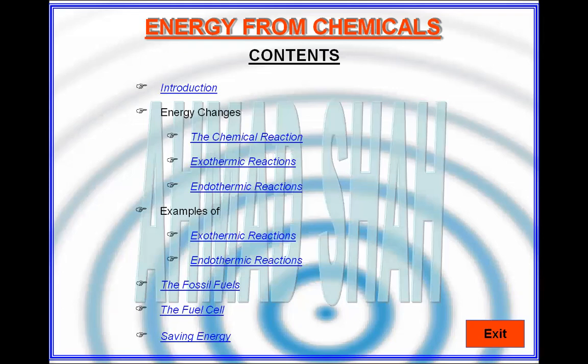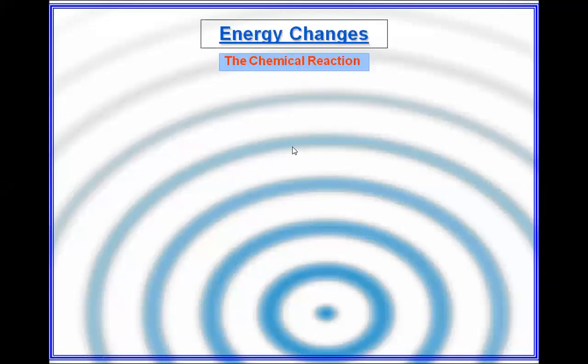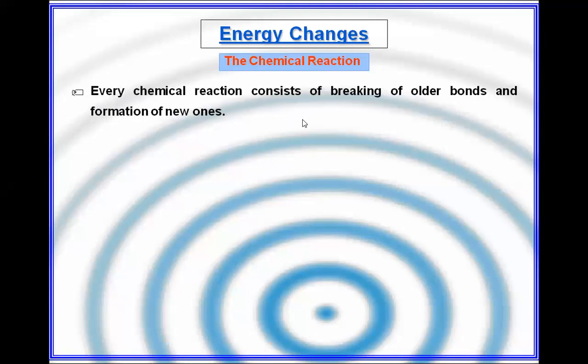Now, how does a chemical reaction become exothermic or endothermic? Bring your calculator to calculate something. A chemical reaction, for example, consists of breaking of older bonds and formation of new ones.